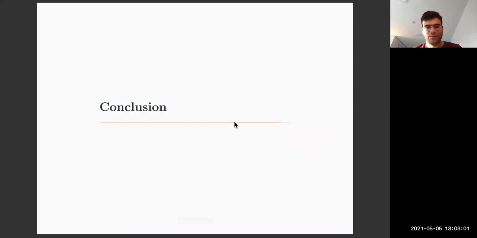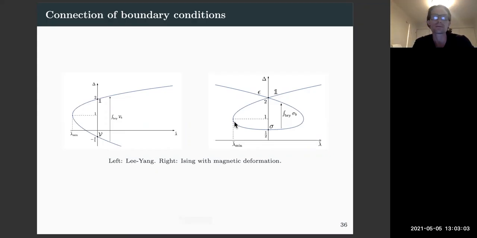Okay, did you maybe consider if the counting of the number of relevant deformations and the number of boundary conditions is consistent in known models? For instance, your conjecture would say if you have a 2D CFT with no relevant or marginal operators, then that immediately predicts there's only one conformal boundary condition.